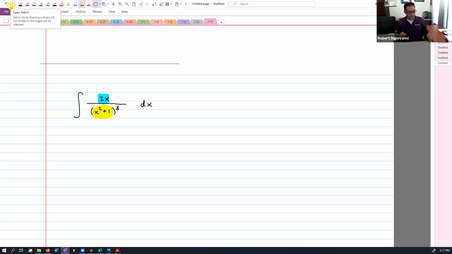All right. Y'all good with this? I'm going to make my substitution. Over here, I'm going to let U be equal to x squared plus 1. I'm not writing the word let, but that's what I'm doing. Now, making a substitution is something we've done in math a lot of times. In college algebra, sometimes we make substitutions to make problems easier.